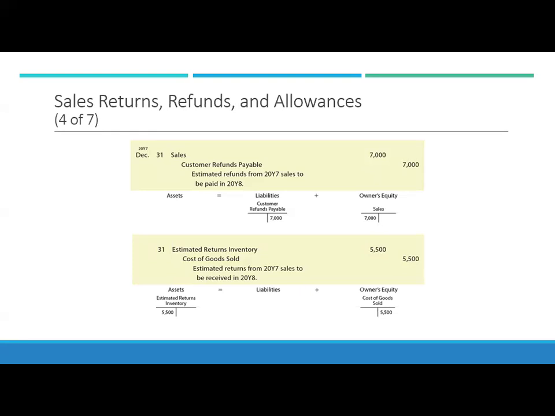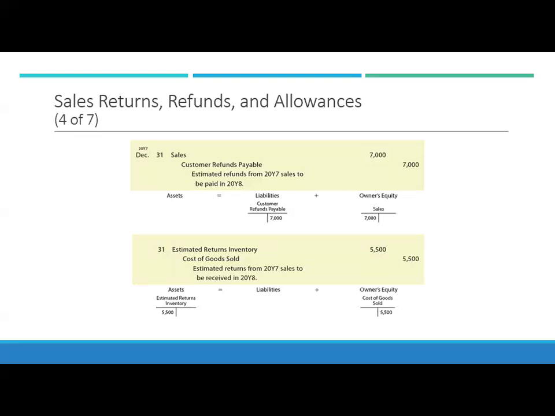This is going to show up on the financial statements. Both estimated returns inventory and inventory are going to show up as inventory on the financial statements, but only physical inventory will show up in an inventory count, right? This estimated returns inventory is not in possession of the store.